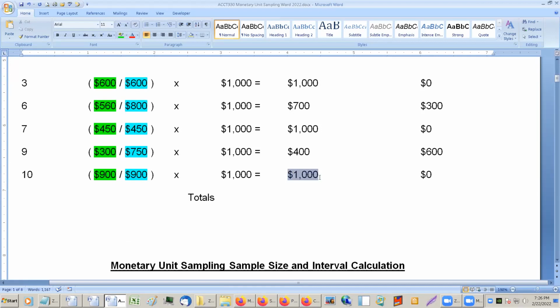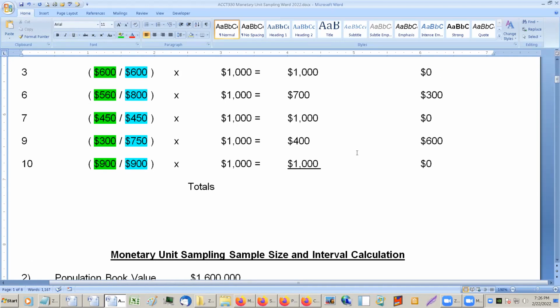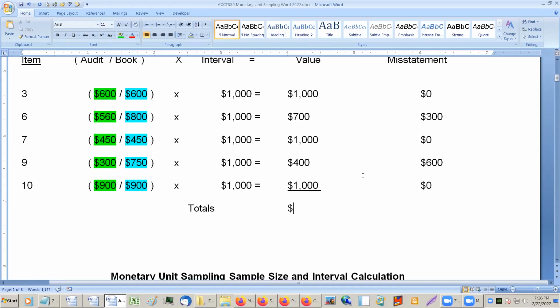We could do it for this one too. Total projected value: $4,100. And the projected misstatement is 900.